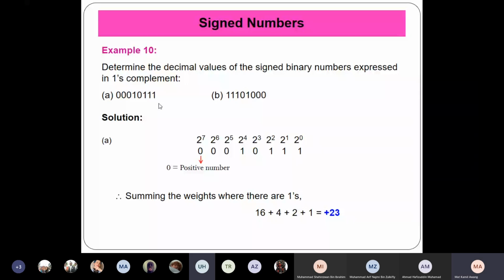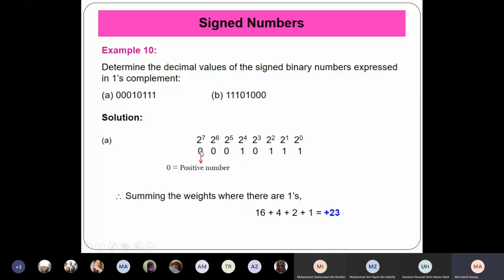Sir? Yes. Is the question in binary number or first complement, the A one? Then you see this: determine the decimal values of the signed binary numbers expressed in 1's complement. So this number is expressed in first complement. You don't need to change it because the sign is 0.